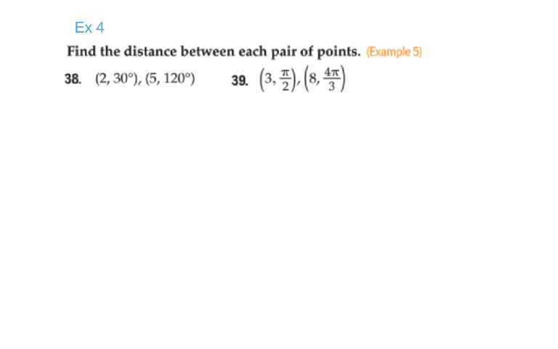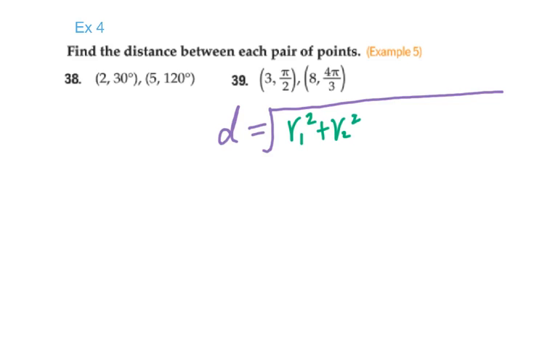Let's go to example 4. Find the distance between each pair of points. Remember, the distance between 2 points on the polar coordinate system equals square root of r1 squared plus r2 squared minus 2 r1 times r2 cosine of theta 2 minus theta 1.